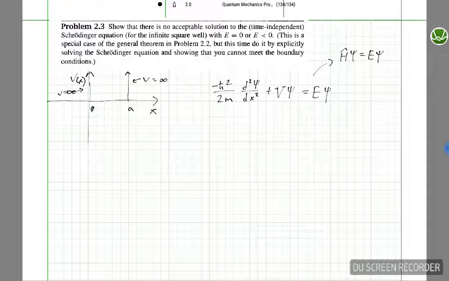I'm going to go ahead and group those over on one side just to be a little bit more clear.